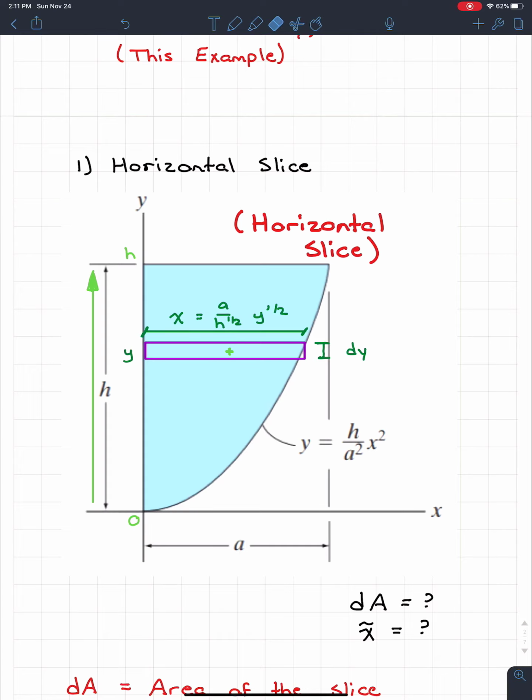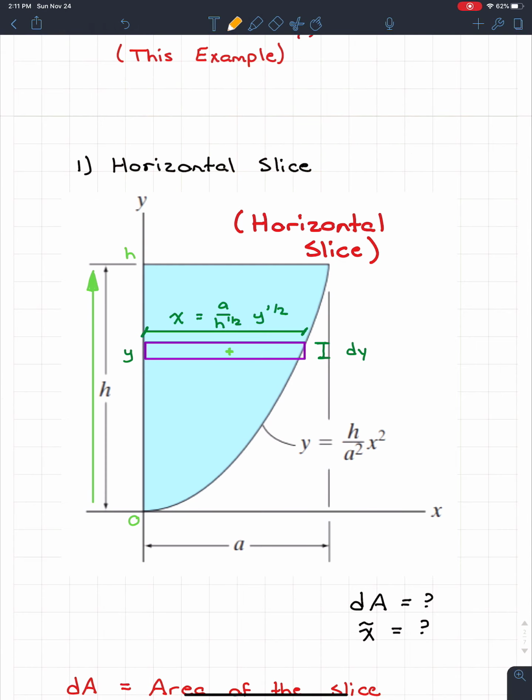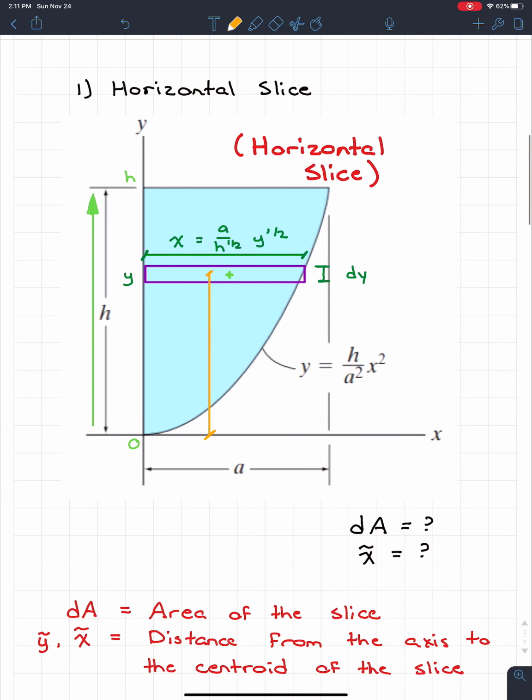So we found our x squiggle is the distance to the centroid, and we can do the exact same thing: y squiggle is going to be the distance from the axis to the centroid. Well, that's just going to be the height to the slice, and as we see here, the height of the slice is just going to be some parameter y, because we don't really know where the slice is located.